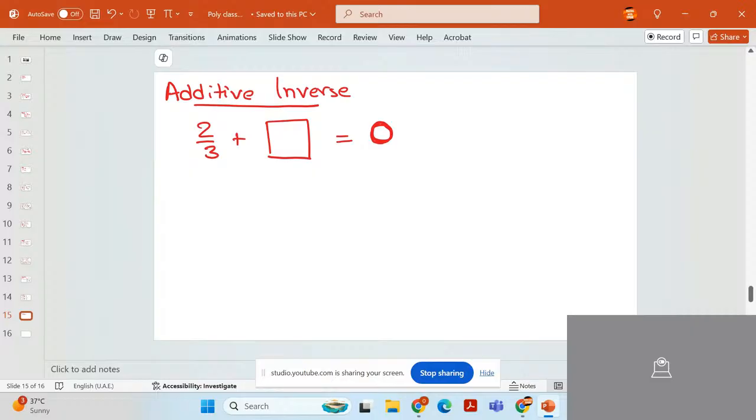Instead of fractions, I will take 5. So 5 plus what number will give you 0? 5 plus 0 is 5. It will not become 0. 5 plus 1, 2, 3, 4, the number goes on increasing. So when you decrease the number, when you come to minus 5, it will become 0. So that means for 5, minus 5 is the additive inverse. And for minus 5, 5 is the additive inverse.